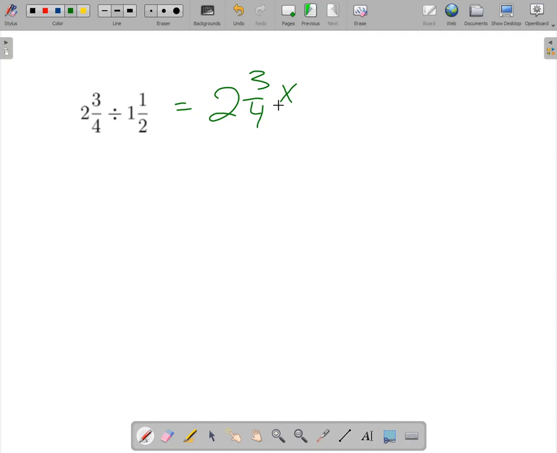Is it 1 2 over 1? Reciprocal means flip it, which basically is like doing 1 over. So that would be the reciprocal of 1 1/2. 1 over 1 1/2. Now we're way worse off than we were when we started. We got multiplication instead of division, that's cool, but now we have a fraction within a fraction, which is troublesome.